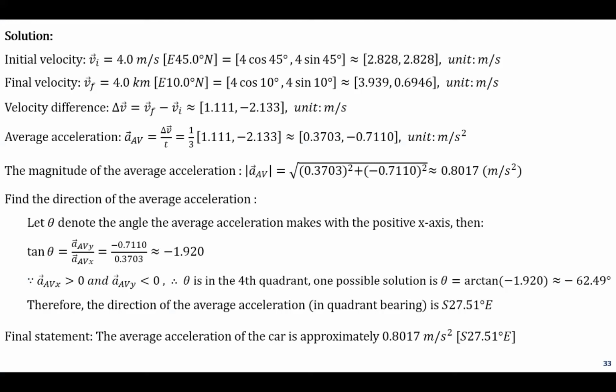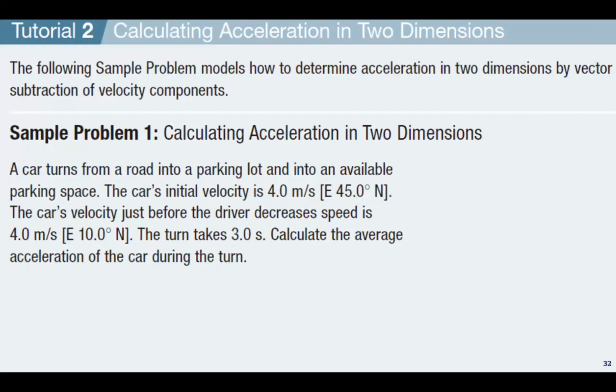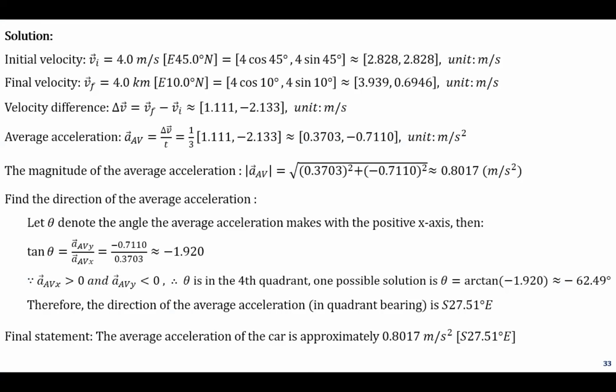Then the average acceleration, A average equals delta V, which is the difference of velocity, over time interval t. We know the time interval is 3 seconds, right? So that equals 1/3 times the 2 components of delta V, 1.111 and negative 2.133.